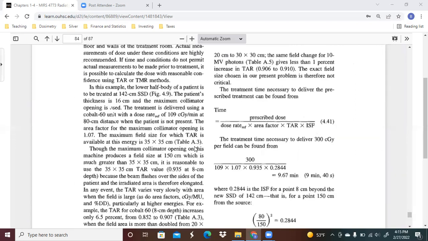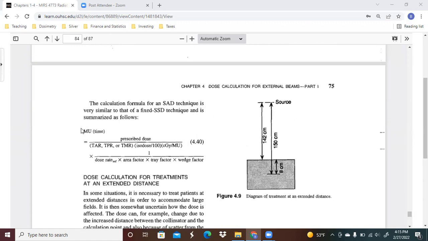And what we're going to see here at the end, and this is something that I will create a short video on shortly, is that the MU, or the number of monitor units, is going to be the prescribed dose multiplied by whatever the mode of measurement is here, TAR, TPR, TMR, times the isodose line that we're going to go with, times the calibration factor, times the reference dose rate, times the area factor, times the tray factor, and times the wedge factor. All of these things are going into computing the MUs.